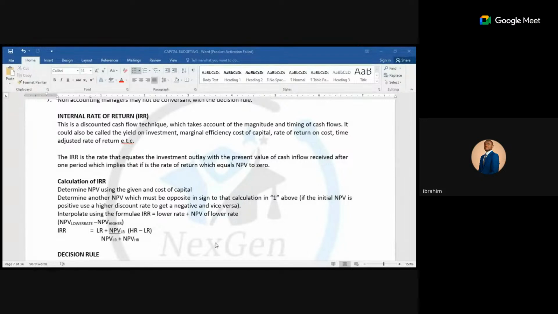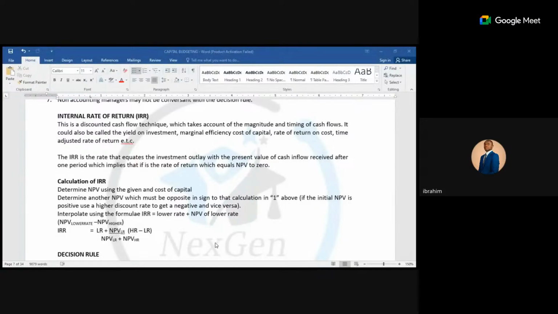Now, there's what we call internal rate of return as well. Internal rate of return is under the modern techniques. After the NPV, we have your internal rate of return. It is calculated the way we normally know, the lower rate plus the positive NPV. So what is the decision under the internal rate of return?